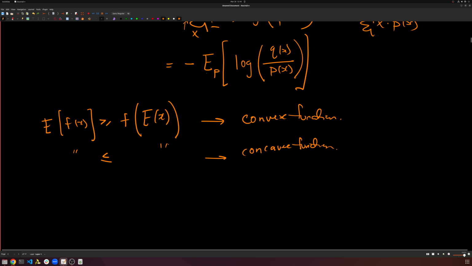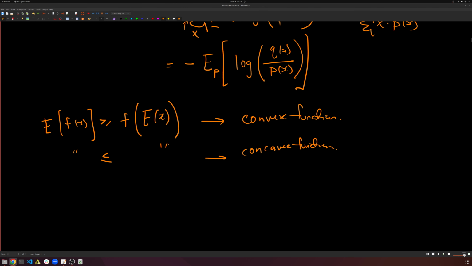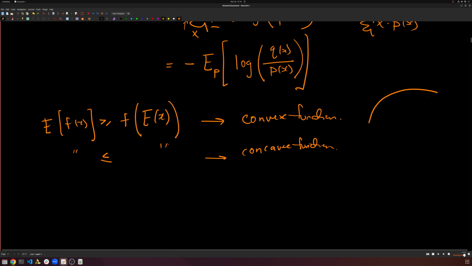The function we're dealing with, we have expectation of some function of our data. Let me keep this open so I don't lose track. Okay, so what is log? Log functions look like this.